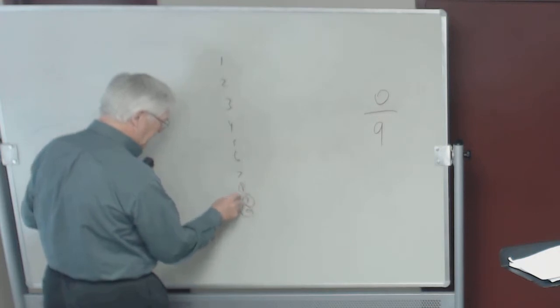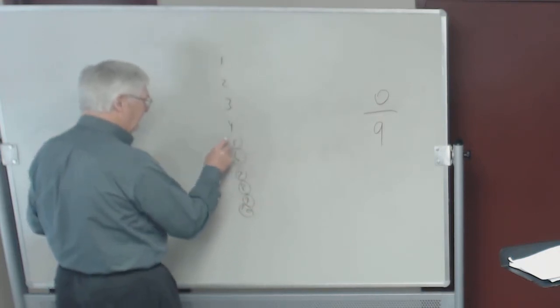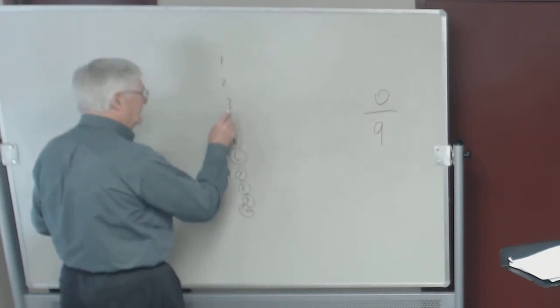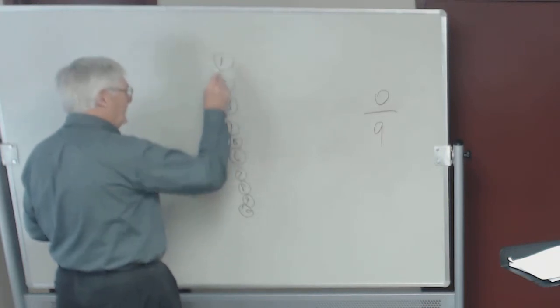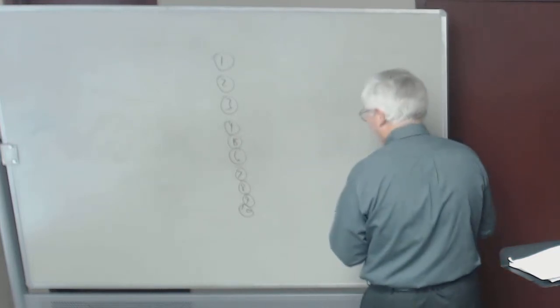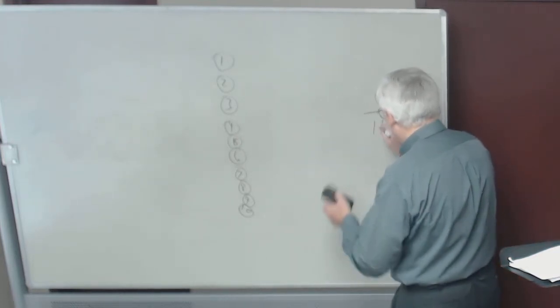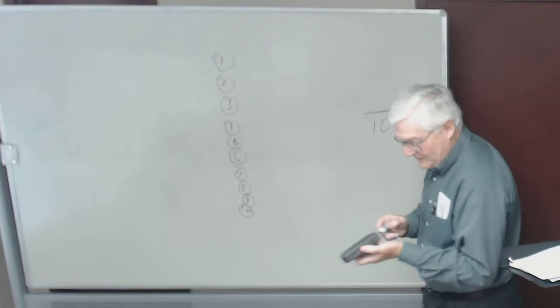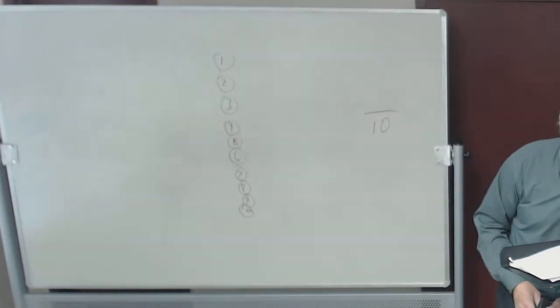Is that right? And I'll just circle them. So you can see we've got little round balls we're pulling out of an urn. And so we have how many possibilities? 10.